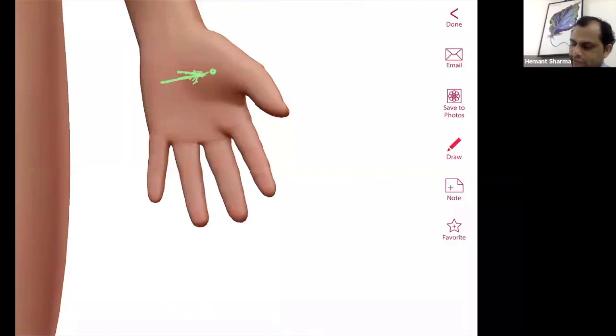So this point, Lingu, but from the opposite side, is a very effective point. The number of Lingu is 22.05, but when we put it from the opposite side, the number of this point is 22.02, which we are going to discuss later on, because right now our topic is Lingu.